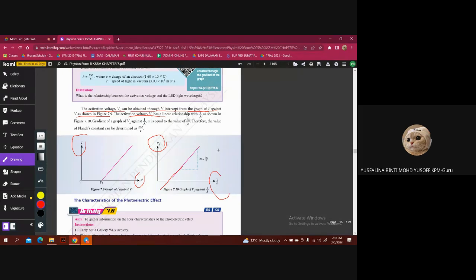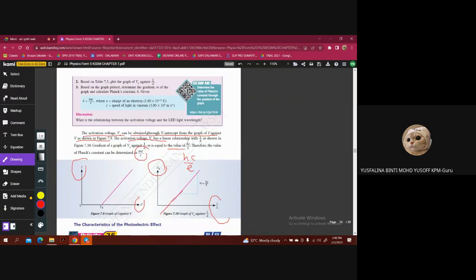So you can get a linear relationship, and the gradient of VA against 1 over lambda is equal to HC over E. Therefore the value of the Planck's constant can be determined by this.